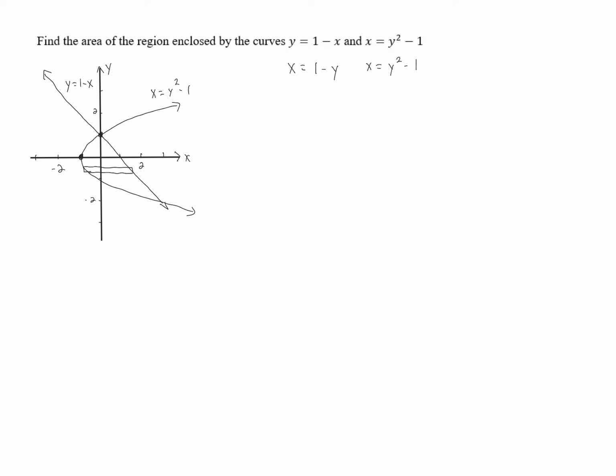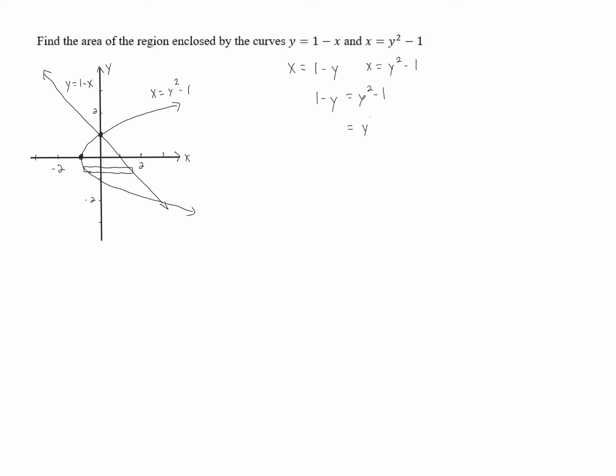I'm just going to rewrite this one as well, so we've got them next to each other. And we need to figure out where they intersect so that we know our bounds of integration in terms of y. So to do that, we set them equal to each other. And so we have 1 minus y equals y squared minus 1. And this is a quadratic equation. To solve this, we move all the terms to the same side.